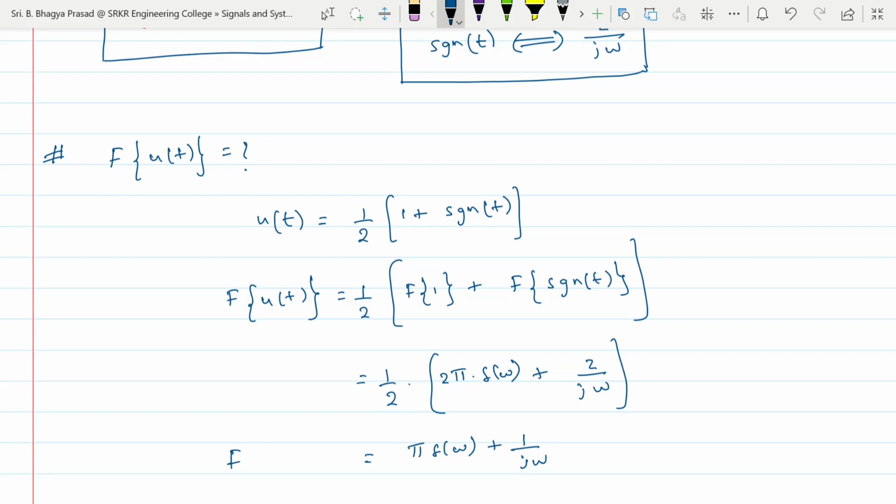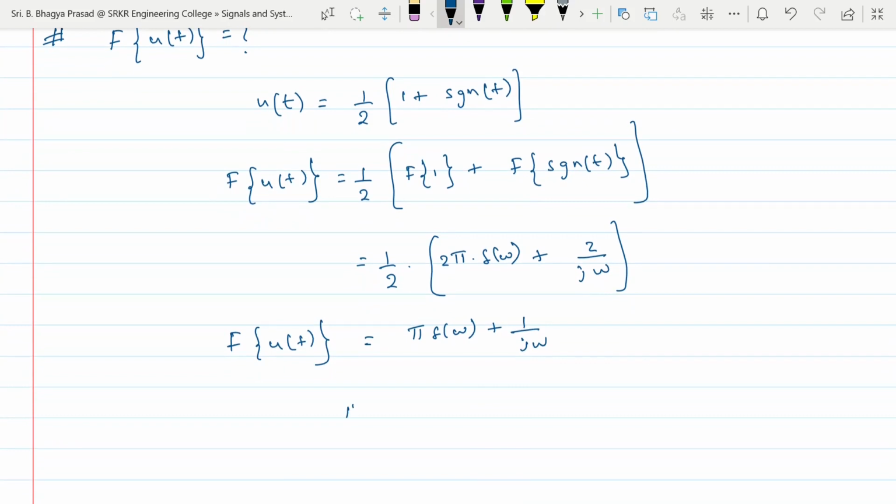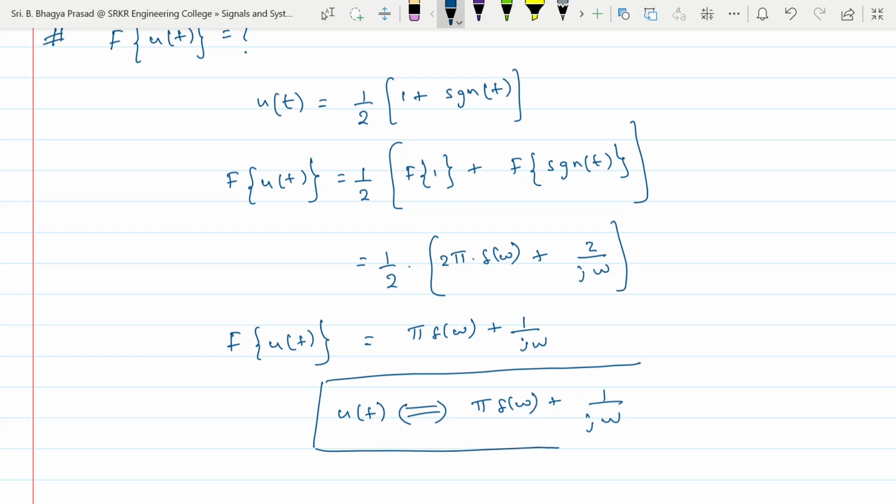So the Fourier transform of u of t is pi delta omega plus 1 by j omega.